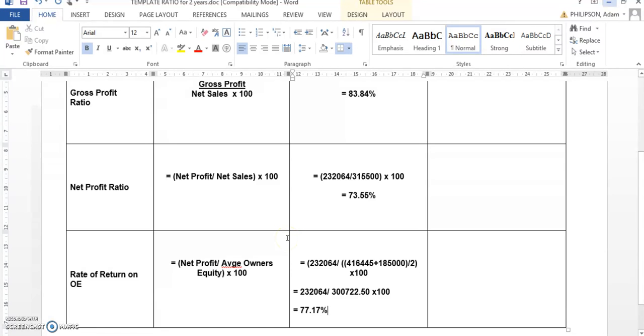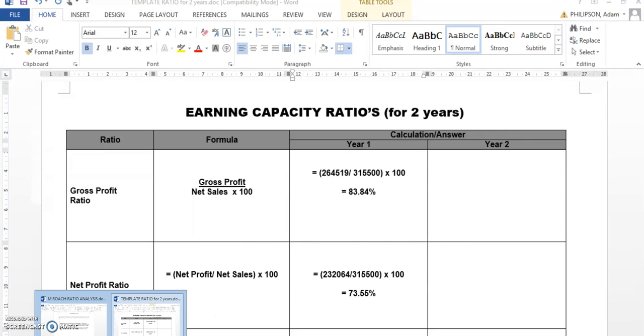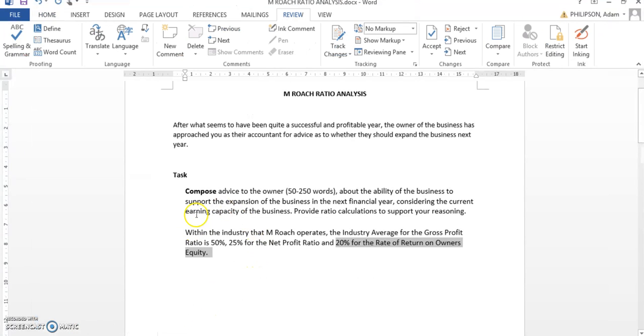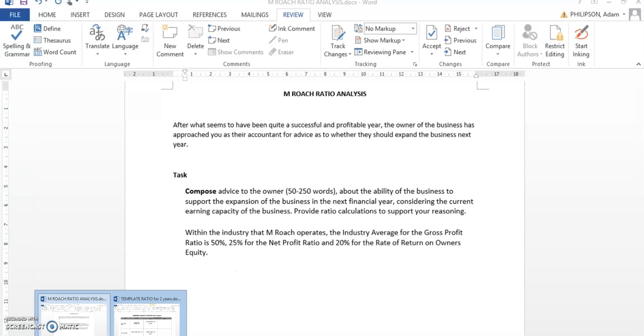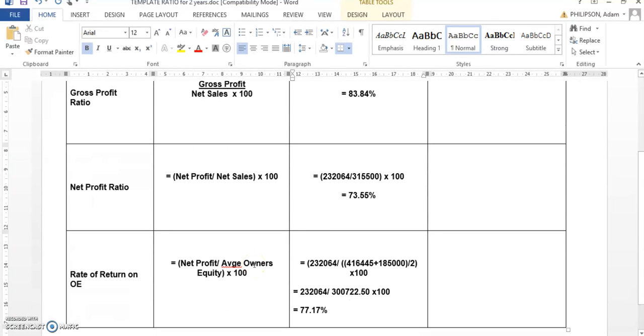Okay, so we'll go on now and construct a paragraph in order to finalize the second part of the task. We've done our ratio calculations. Now we need to answer the question and draft some advice to the owners of what our findings are and what we recommend. Our industry averages, you'll notice, were 50% for the gross profit ratio.